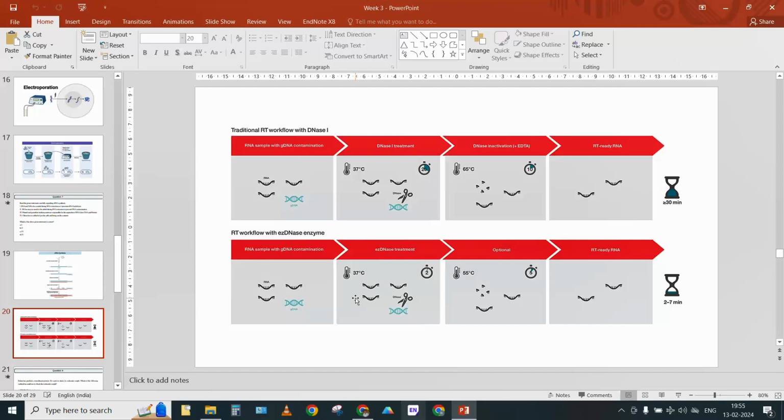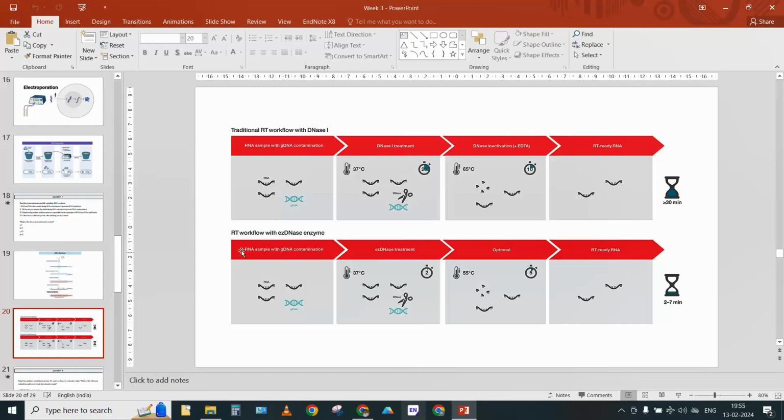This approach is particularly critical in experiments where precise quantification of gene expression levels is essential, ensuring that the obtained RNA reflects the transcriptome of the sample accurately and is not confounded by genomic DNA. The addition of DNase during RNA extraction is a standard practice in molecular biology laboratories, ensuring the purity of RNA samples and the reliability of the subsequent analysis.